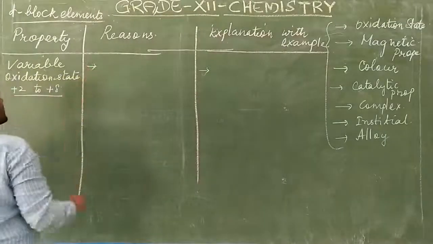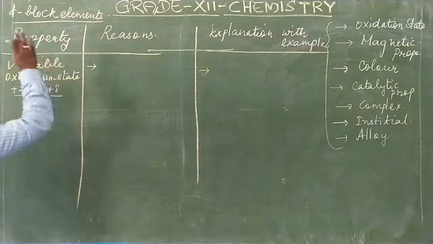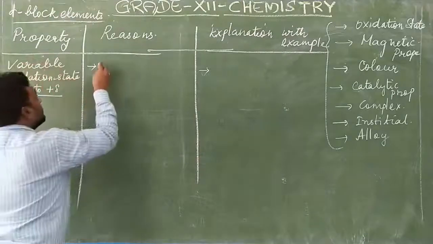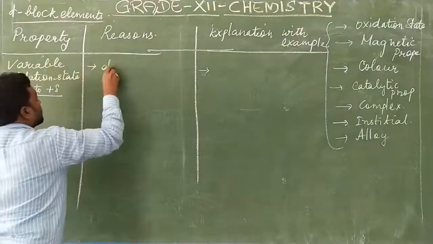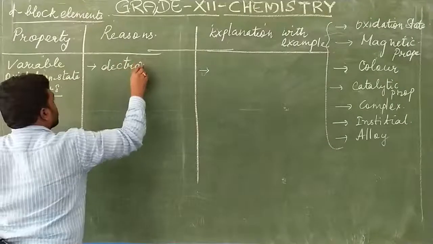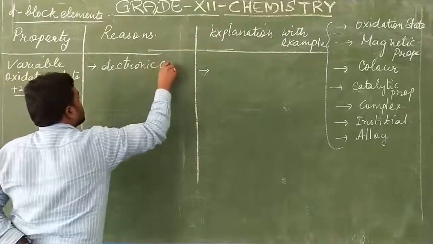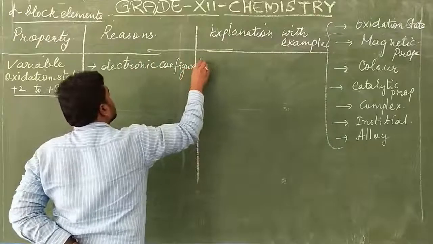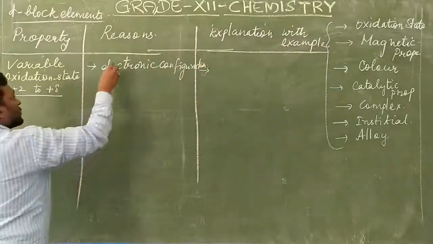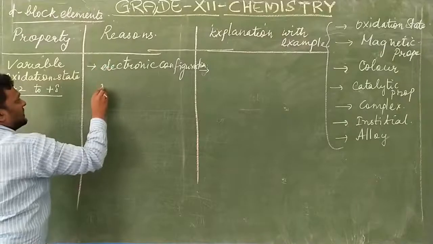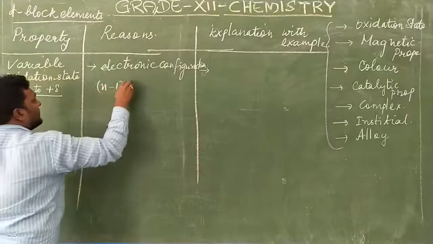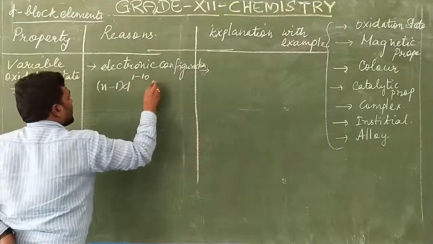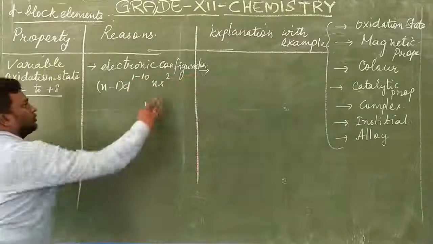What is the first reason? The first reason for variable oxidation state is the electronic configuration. Electronic configuration plays a significant role. What is the general electronic configuration? (n-1)d 1 to 10, ns 1 to 2, isn't it?